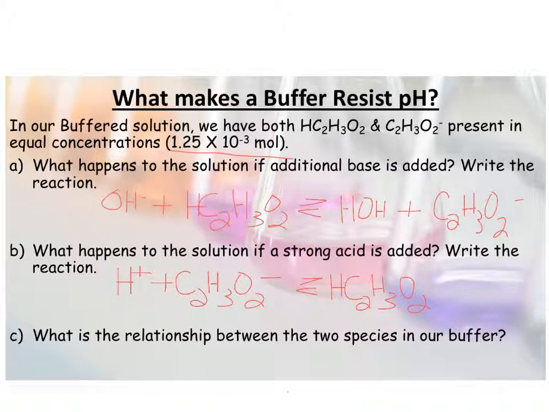Okay, so there's the reaction for that. So hopefully what you're seeing is that whether we're adding acid or base, it's basically just opposing processes. So no matter if we're adding OH minus or H plus, when you have a buffer system, there's always a species available to counteract it. Again, remember the relationship between our two species, they're conjugate pairs.